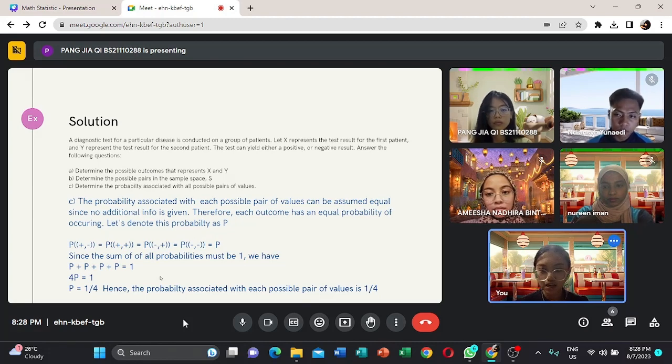Since the sum of all probabilities must be 1, therefore we have 4p, which is the sum of all the probability, equals to 1. When we divide both sides by 4, we will have p equals to 1 over 4. Hence, the probability associated with each possible pair of values is equal to 1 over 4.